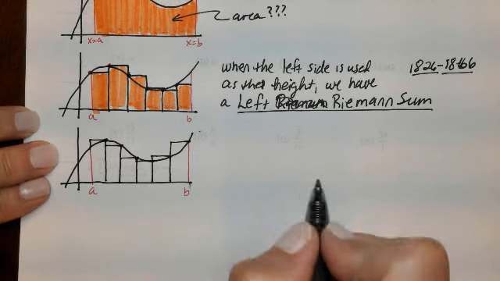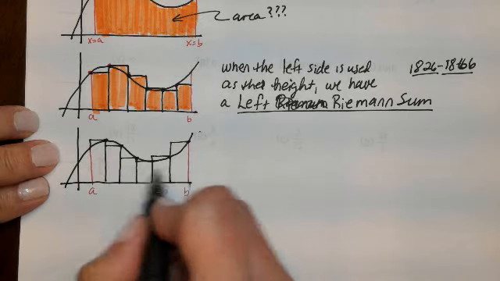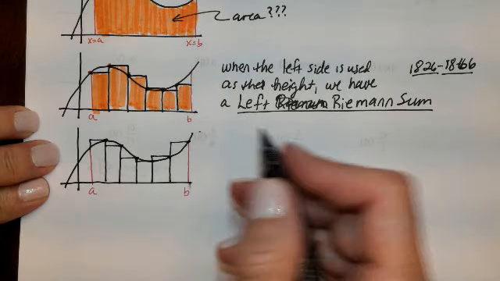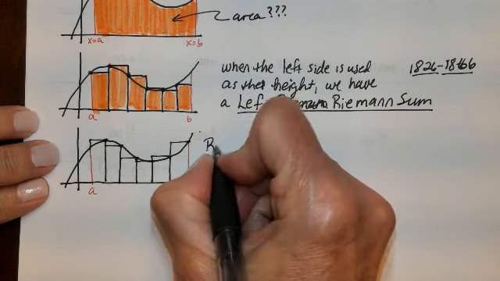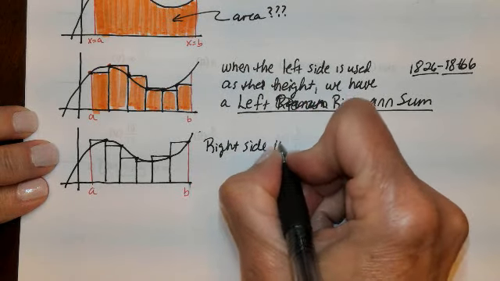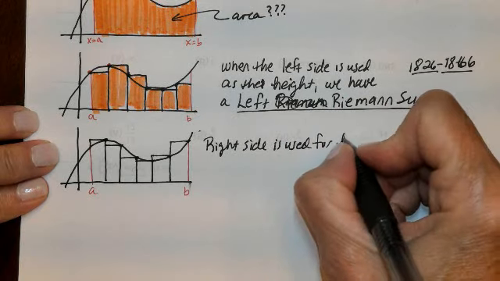Here we are at the third rectangle. There's the right-hand height, so that's the height of my rectangle. For this one, right-hand height, and right-hand height. So again, we can find those areas, and when we do, that will be what's called a right Riemann sum. So the right side is used for the height of the rectangle.